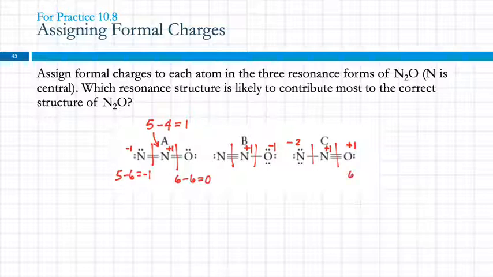Okay, so it came with 6, left with 5. Came with 5, left with 4. No, I did that. Yeah, no, that's right. Sorry. And the one over here came with 5, left with 7.